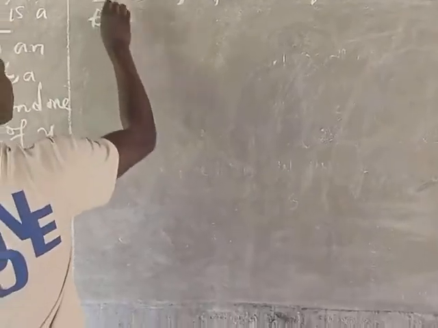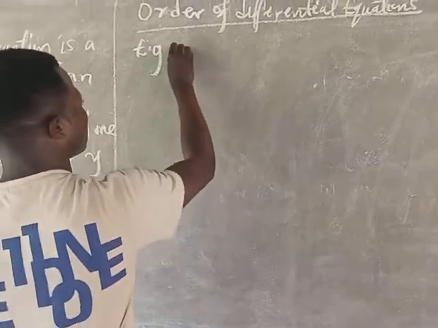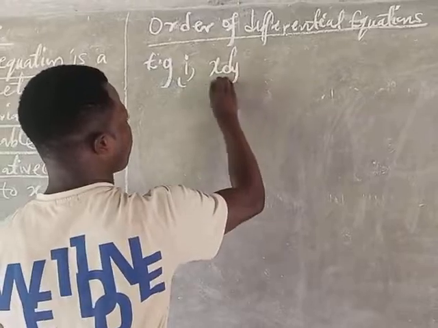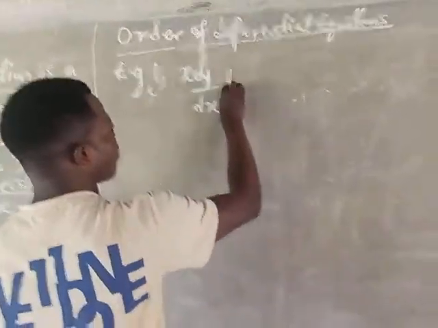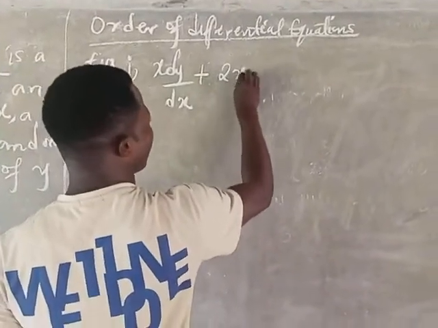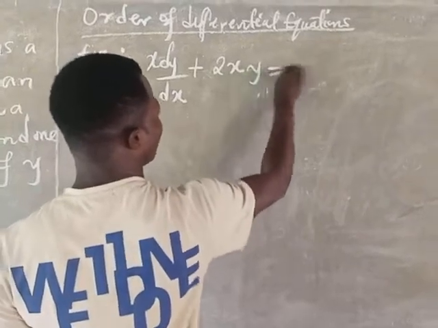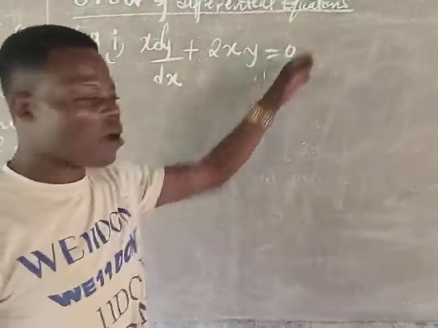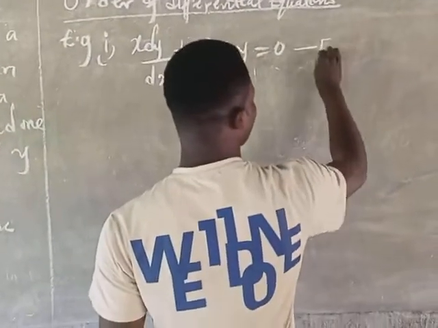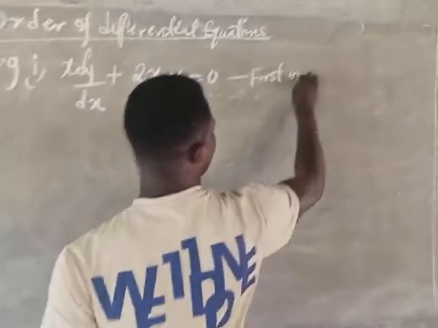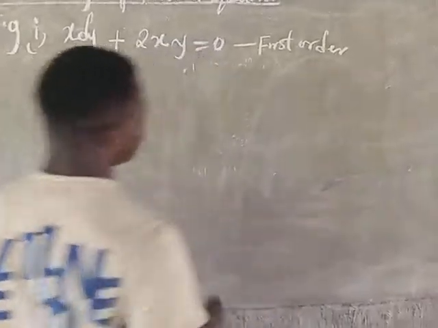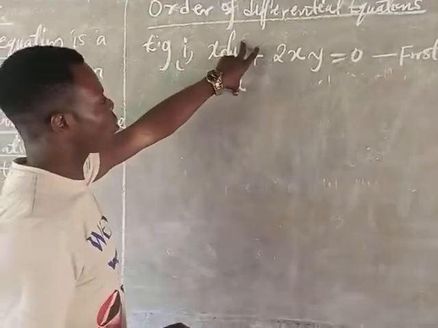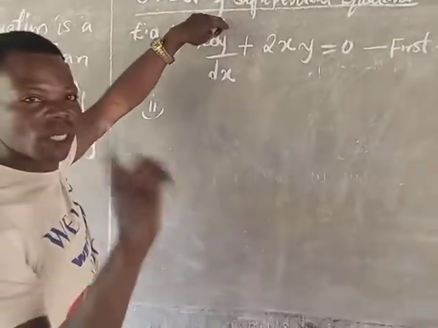For example, let's say you have number 1: x dy/dx plus 2xy equal to 0. We call this first order because the degree of the derivative is 1.